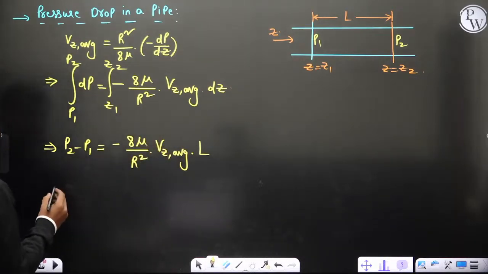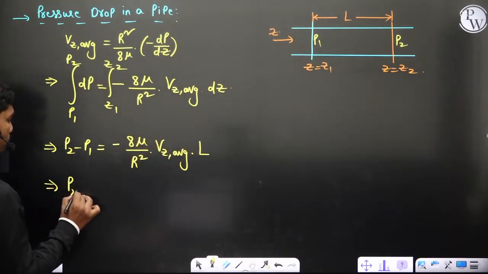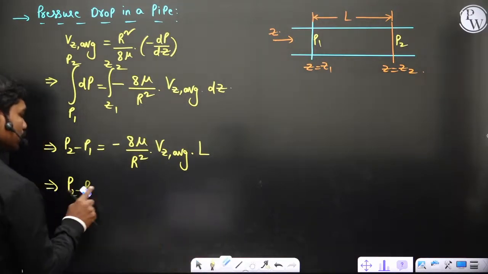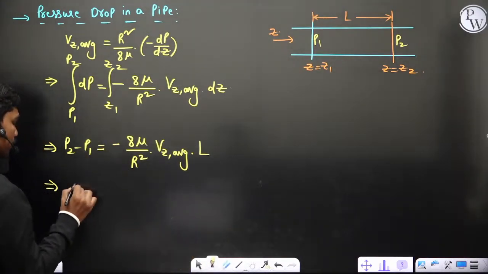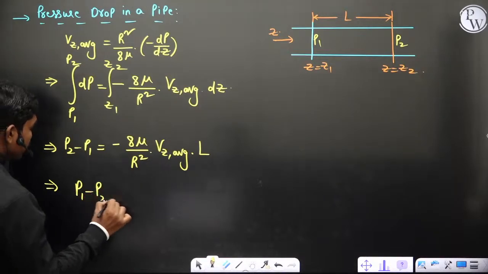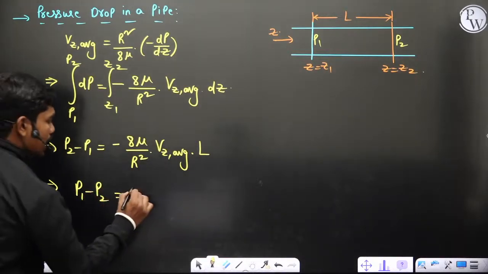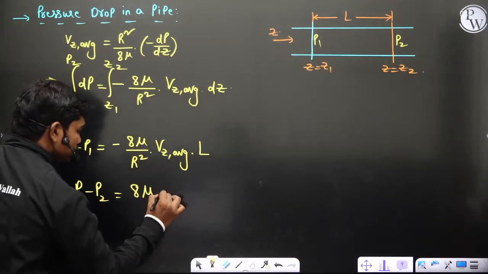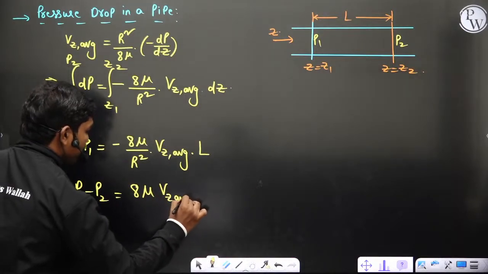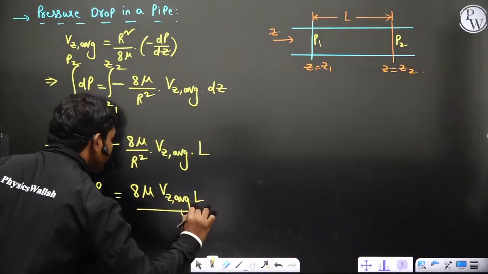So the pressure difference, P1 minus P2, if you want to eliminate the minus sign, is equal to 8 mu Vz average into L by r square.